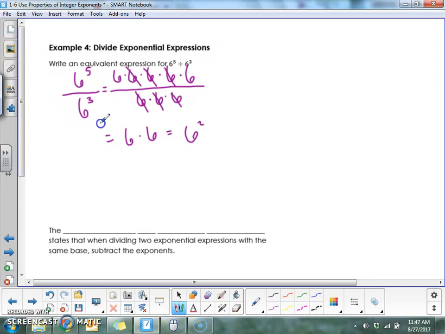The shortcut is to use what we call the quotient of powers property, which is when you're dividing two exponential expressions with the same base, you subtract the exponents. So again, I'm going to show you how you can do that as a shortcut.